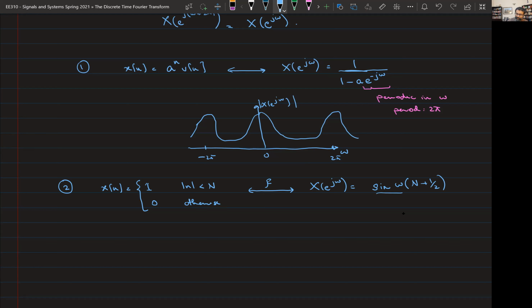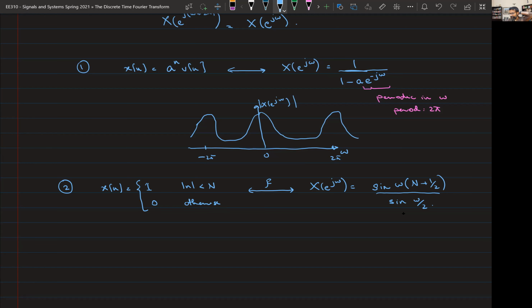I think this is what we did towards the end of the class. And I can see on the right-hand side, is this periodic in omega? Sine is periodic, yes. Sine omega by 2 is periodic. There's periodicity there, and that's why it's called the periodic sinc, because it periodically repeats itself.